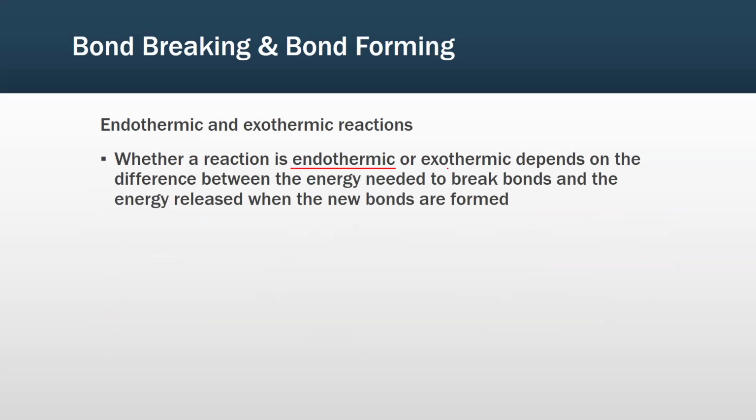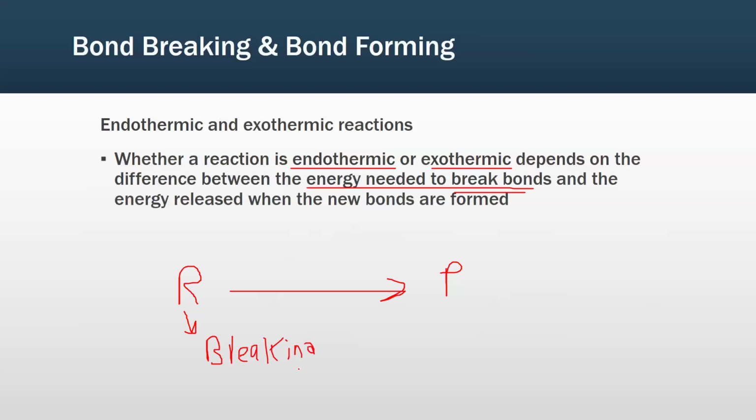Whether a reaction is endothermic or exothermic depends on the difference between the energy needed to break the bonds. Now what happens in a reaction? You are converting reactants into products. Now you have to break the reactants. Every reaction requires breaking of the reactants so that products can be made. Making of the products.